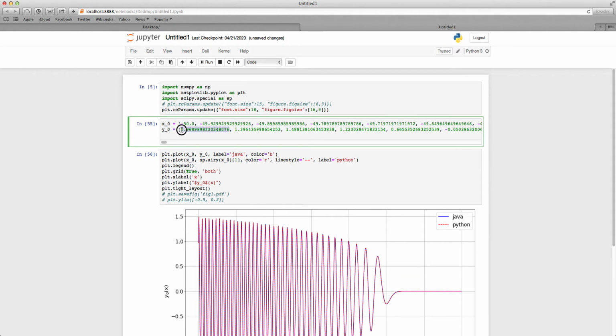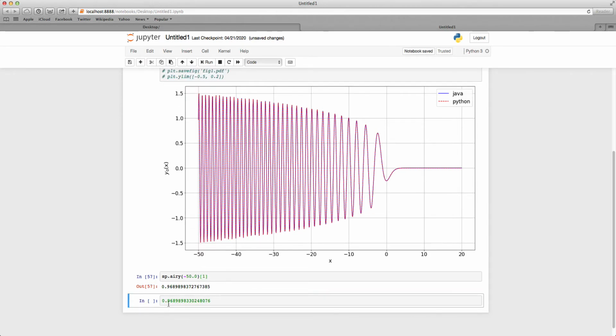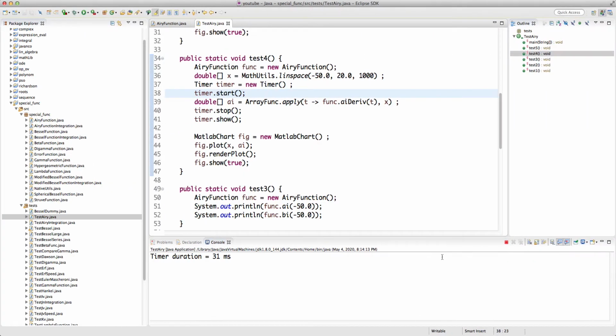Let's see what we get at minus 50. So 96, 89, 89, 83. So we get 8 decimal places of accuracy, which is very good. So back to Eclipse.